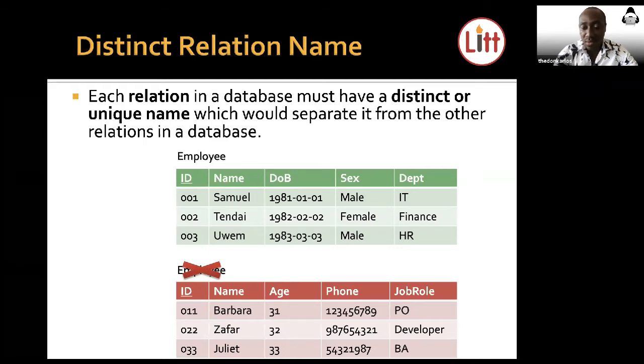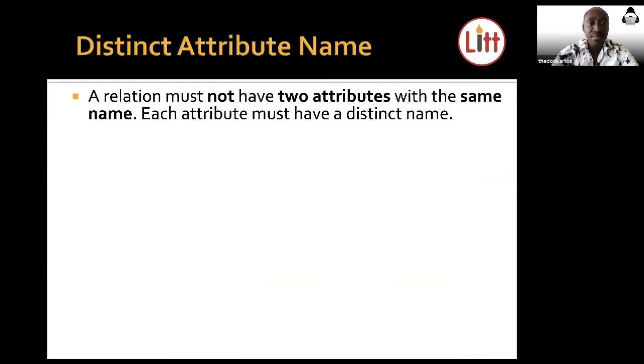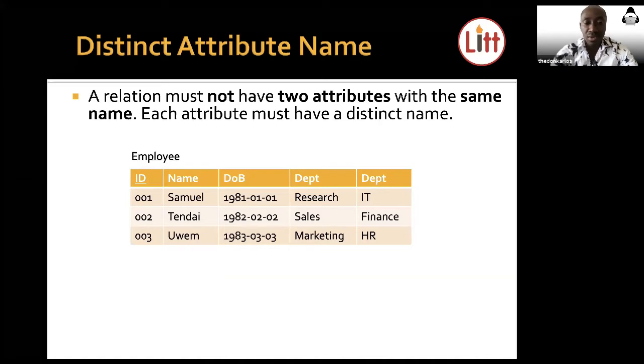So let's take another one. We talk about the distinct attribute name. A relation must not have two attributes with the same name. Each attribute must have its own distinct name, just like we saw with the relations. So this is also an employee data set with ID, name, date of birth, department.